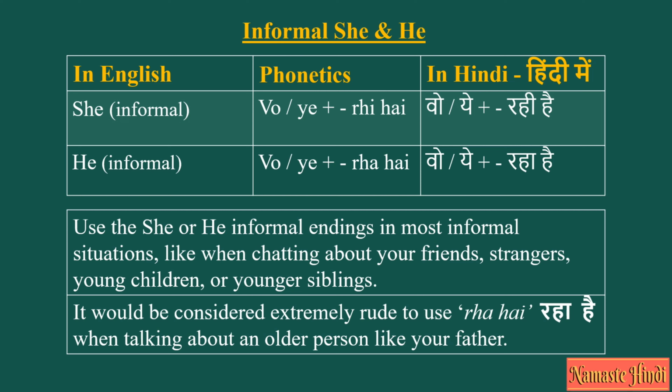Informal she and he. She informal: wo for far distance and ye for near distance, plus the verb ending is rahi hai. He, informal: वो for far distance और ये for near distance plus रहा है.